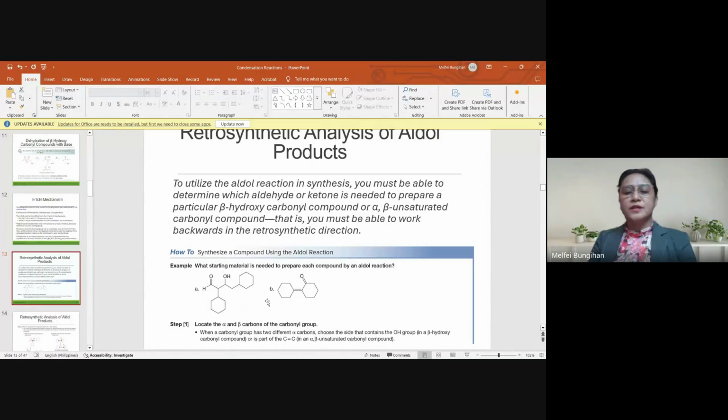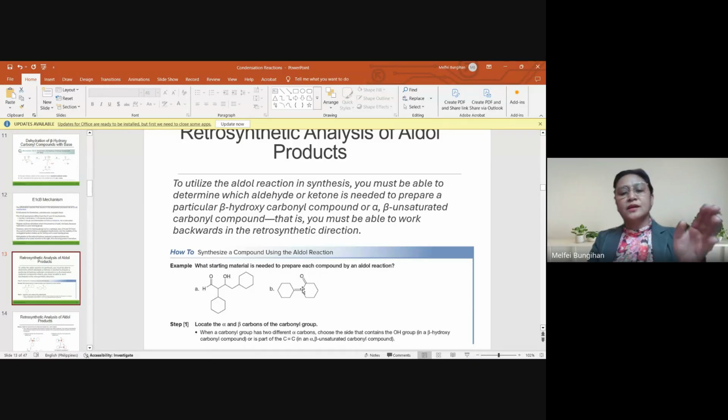Now, we can predict what the starting materials of these two compounds are by first locating the alpha and beta carbons. So in letter A, we have here your alpha position, alpha to your carbonyl, and then the beta position. You mark this already because this is the one that has formed the CC bond.